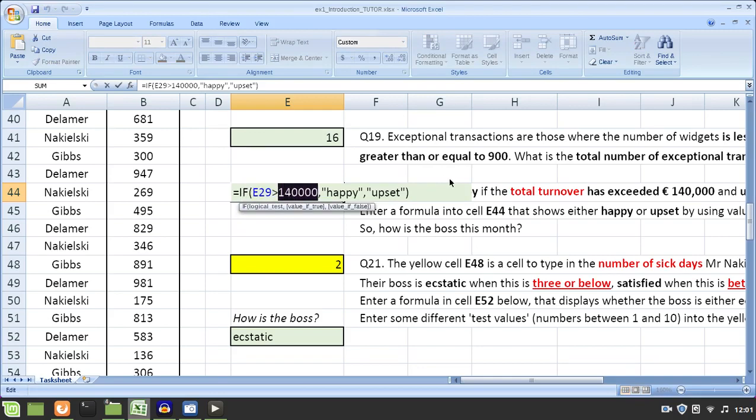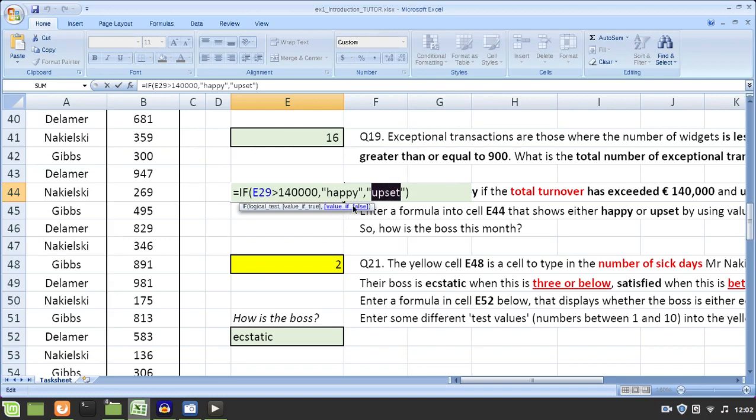So if E29 is greater than 140,000, if that's true, we need a comma after our logical test. And if the number is greater than 140,000, we need the word happy in this cell, because the boss is happy if it's over 140,000. Otherwise, the boss is upset. So this is my false part.